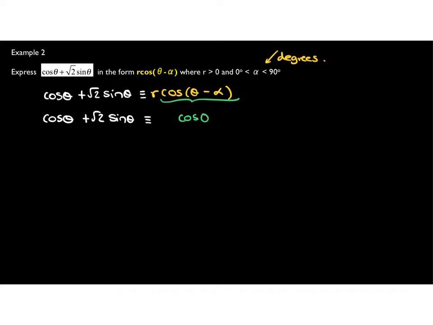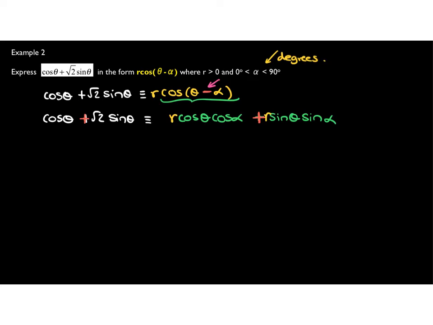So that would be cos theta cos alpha plus sine theta sine alpha. Notice this has been very carefully chosen to include a negative sign here so that the expansion has a positive sign, which means that it matches the left-hand side very nicely. So there was a careful choice here. Now, both parts are multiplied by r as well.